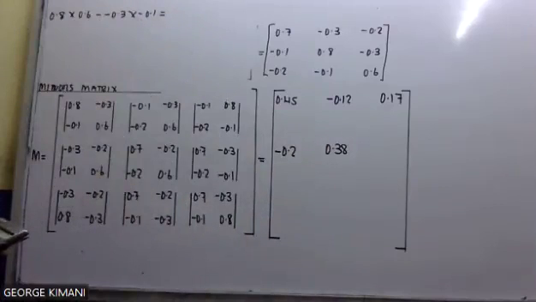I don't know where to carry it. 0.7 times minus 0.1, minus 0.3 times minus 0.2 is 0.13.